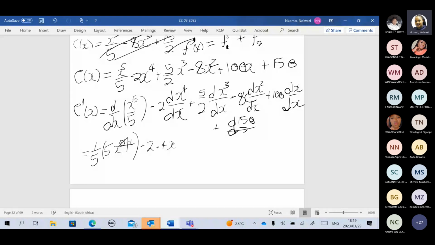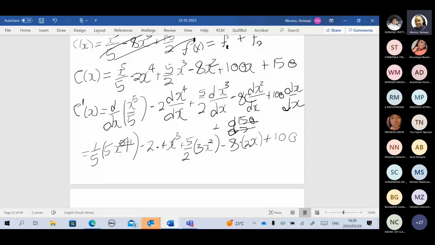Then that's the new power. Plus 5 over 2, you take 3 down, then you subtract 1 there. You'll be left with 2. Minus 8 times 2 times x. From 2, you minus 1, so you'll be left with 1, right? Plus 100, the derivative of x is 1. So we have 100. The derivative of a constant, which is 150, is 0, right? So I can just write plus 0.